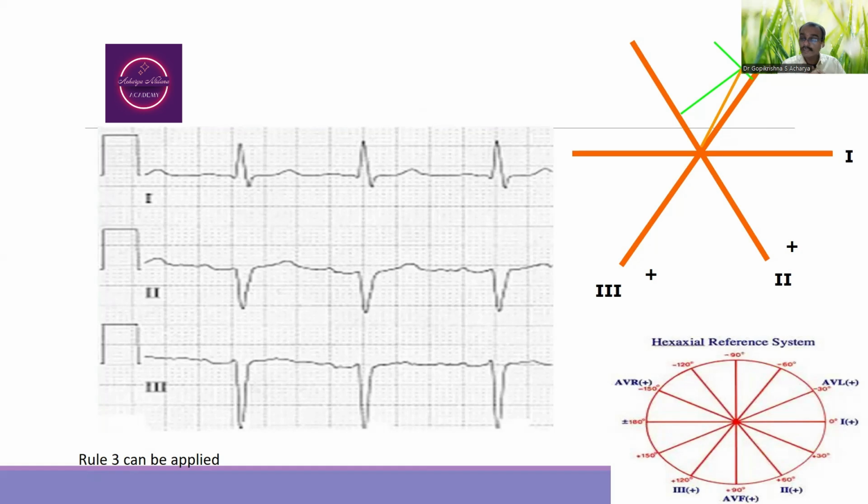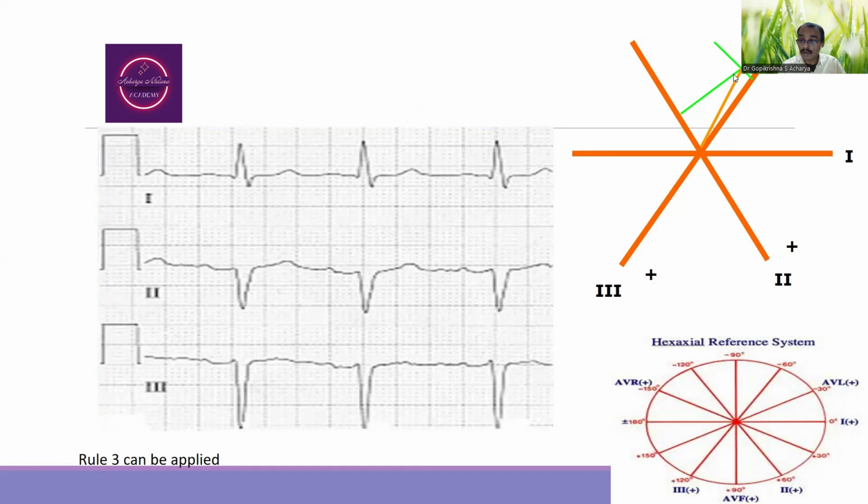Here we have taken lead 2 and lead 3. Lead 2 is having almost 5 minus 10, and lead 3 is having 15 minus 15. So that has been drawn, and the perpendiculars will be meeting at one particular place.